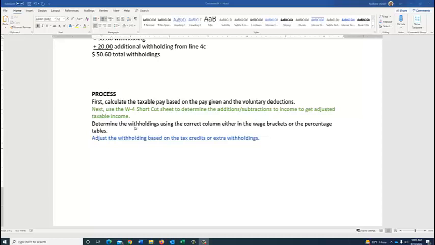Make sure you're on the correct pay period, filing status, and column based on line 2C, and figure the employee's federal withholding. Then adjust the withholding based on the tax credits listed on line 3 or the extra withholdings listed on line 4C, and these will be listed in blue on your W-4 shortcut sheet.